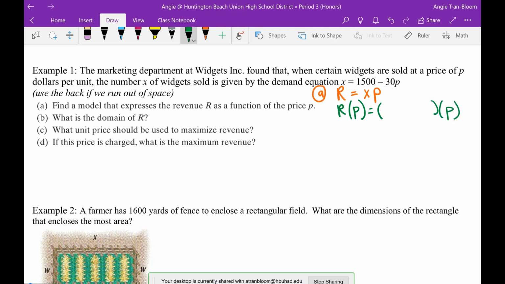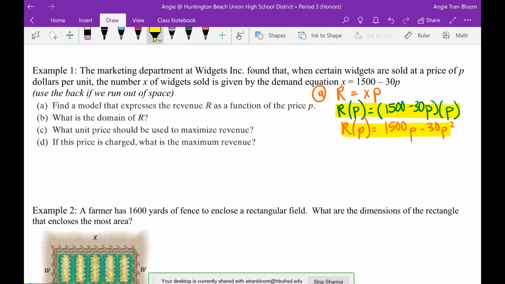If you get rid of X, what are you going to substitute in place of X? 1500 minus 30p. And I would totally accept non-distribution, and I will also accept distribution. If you distribute it, it's going to be 1500p minus 30p squared. Either one, it's perfect. You pick.